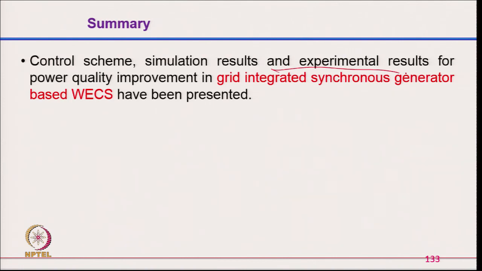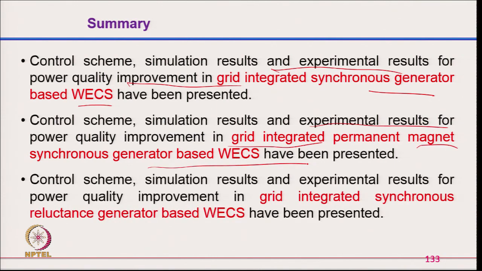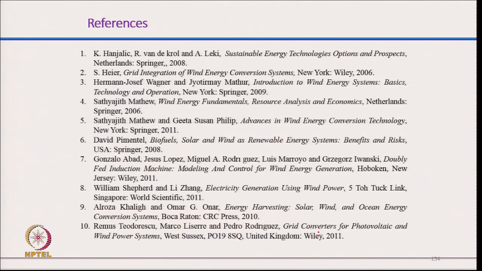Power quality improvement in a grid connected synchronous generator based wind energy conversion system is also given here, and control scheme, simulation and experimental results of a grid connected PMSG based wind energy system are also presented. Simulation and experimental results for power quality improvement in a grid connected synchronous reluctance generator have been presented.